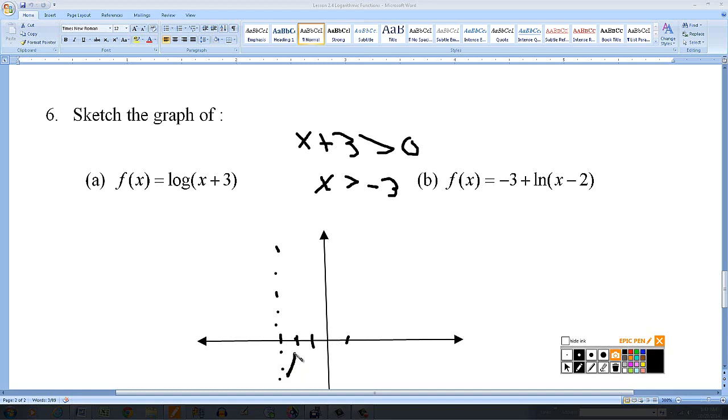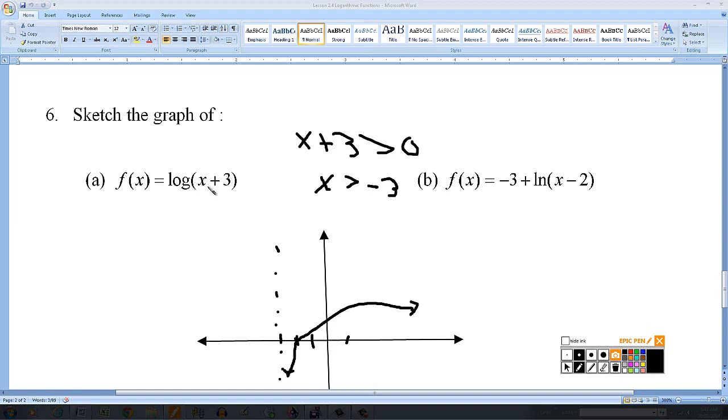This is just a rough approximation. You can verify: this is the point -2, 0. If I put a -2 where the x is, -2 plus 3 is 1, and the log of 1 to base 10 is 0, because 10 to the 0 is 1. So that tells me that's what the graph looks like.